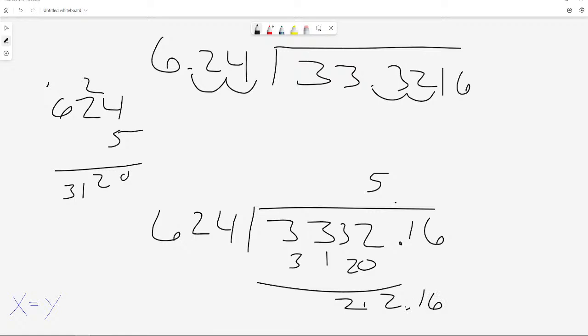So the decimal point goes up here. And then 624 would go into 2121 about 3 times. And then you just work out the problem.